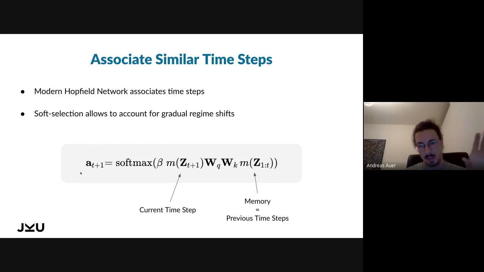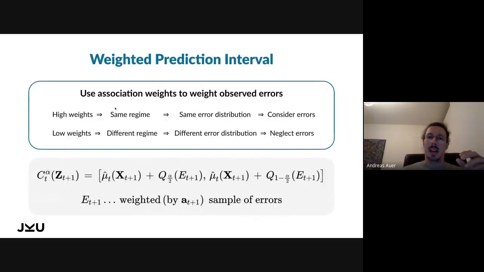Okay, now we have the second step done, so that we get the similarity. And with these weights, we create our weighted prediction interval. And to recap again, if we have a high weight, we think we have points from the same regime, they were also from the same error distribution, and we want to consider these errors. And for low weights, it's exactly the opposite. So low weights, different regime, different error distribution.